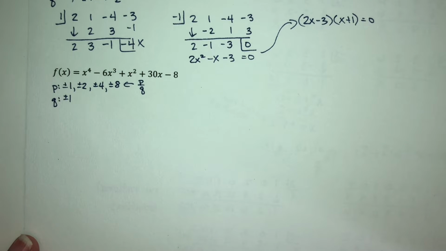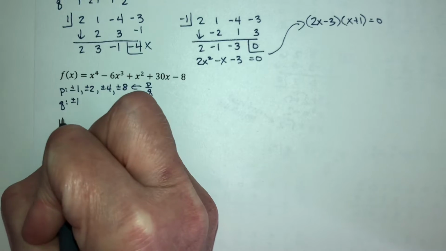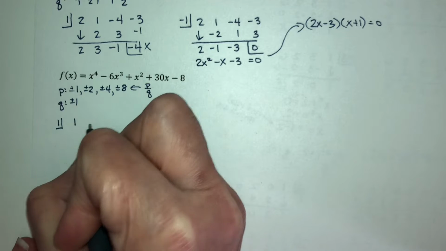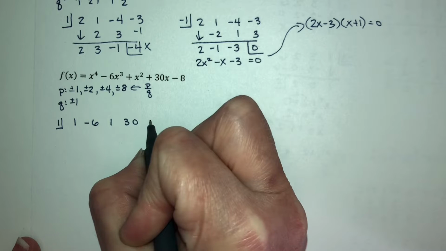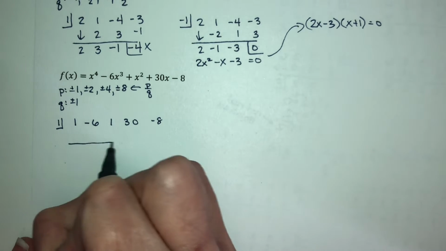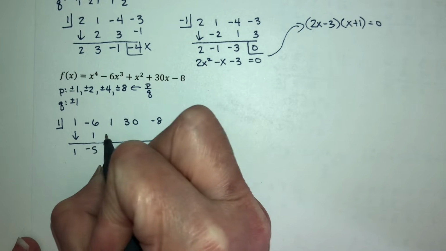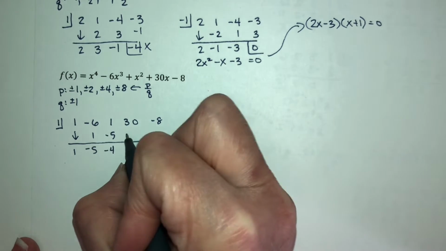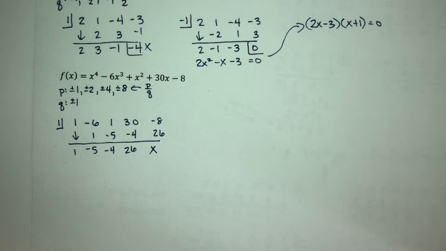So let's just jump in, see what we can find. Let's try 1. 4, 3, 2, 1. Constant, everything is there. Bring down the 1, multiply, add, multiply, add, multiply, add, and you don't even need to finish the arithmetic to see that that's not going to work.